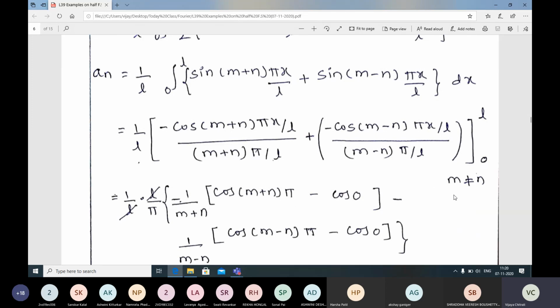If m equals n, you will get this term as 0. So provided m is not equal to n.